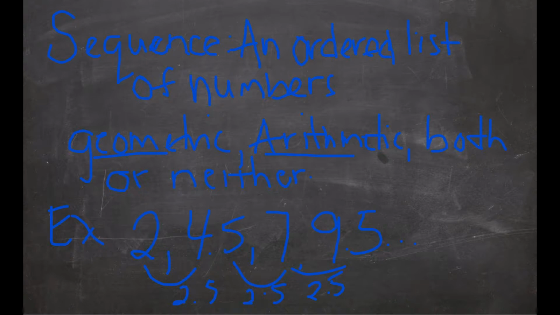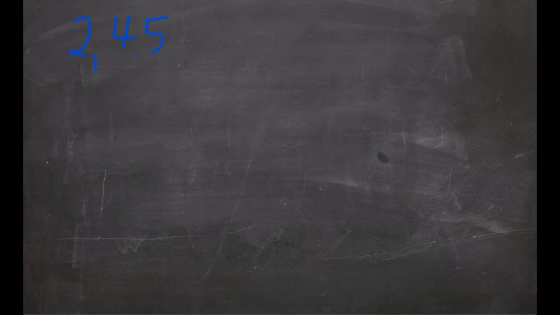So I can conclude that this is an arithmetic sequence, and the sequence generator is 2.5. Alright, so these numbers, the 2, 4.5, 7, 9.5, are what we call the sequence terms.